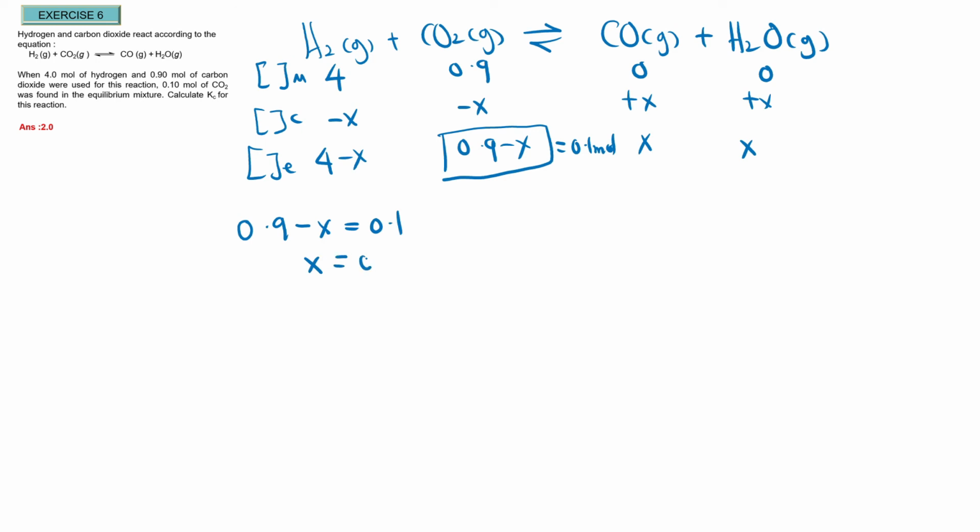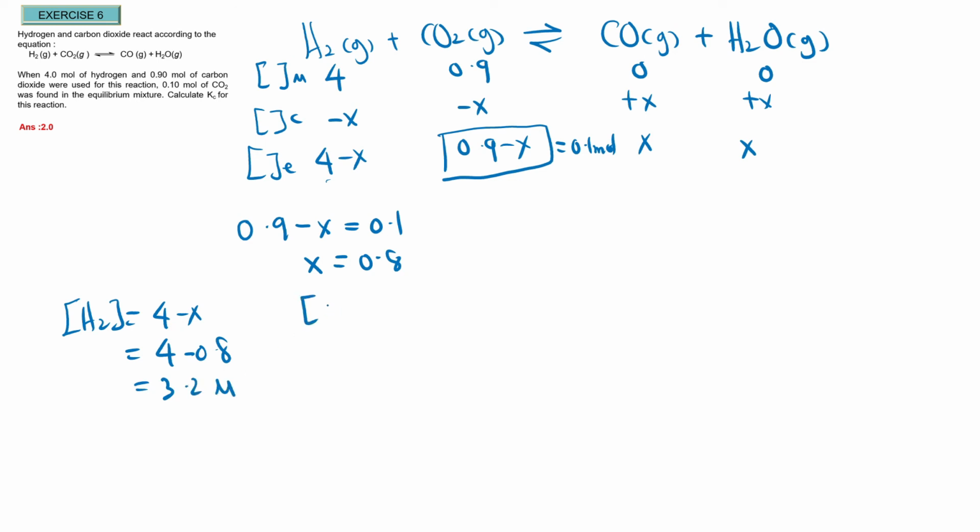So x is equal to 0.8. Okay, we got x, we can substitute the value of x here. 4 minus 0.8. So the concentration of hydrogen is equal to 4 minus x, where x is 0.8. So we got 3.2 molar.